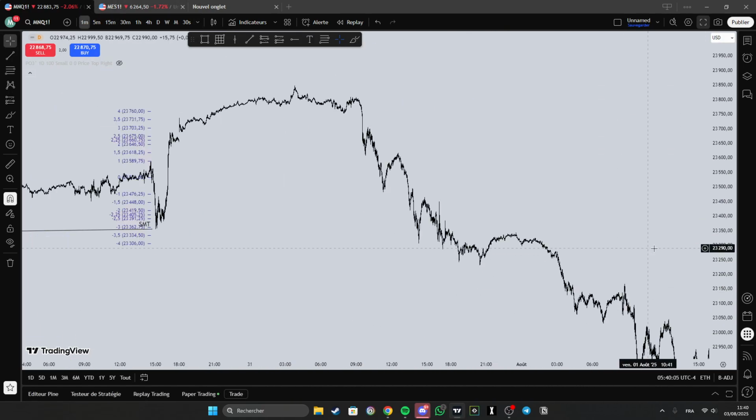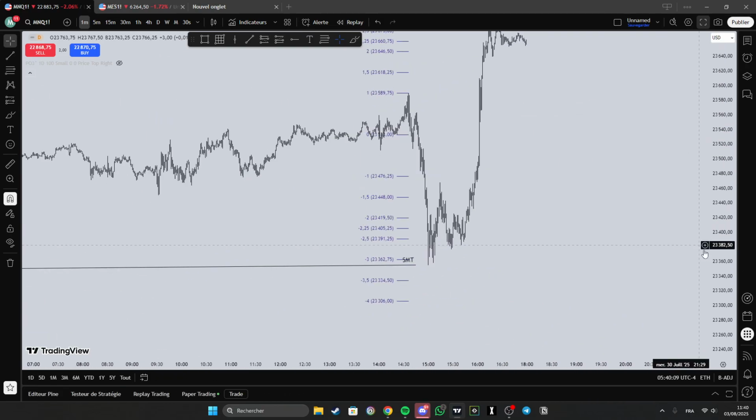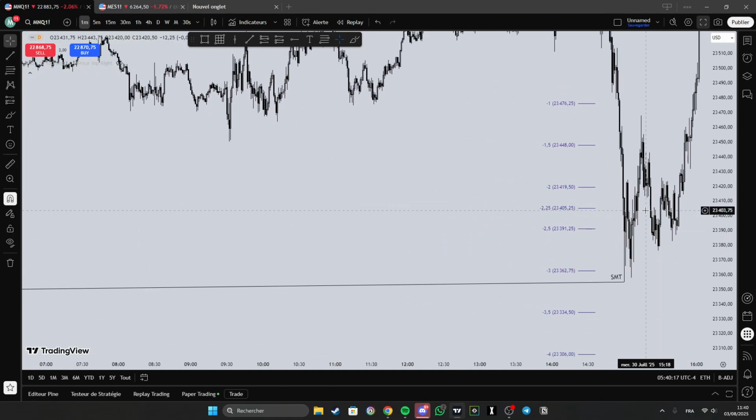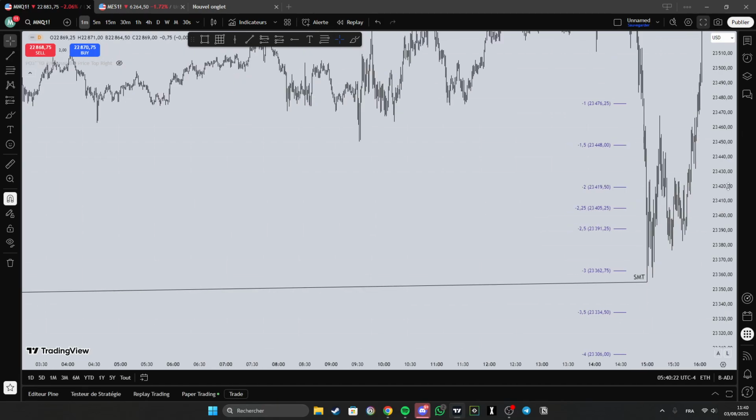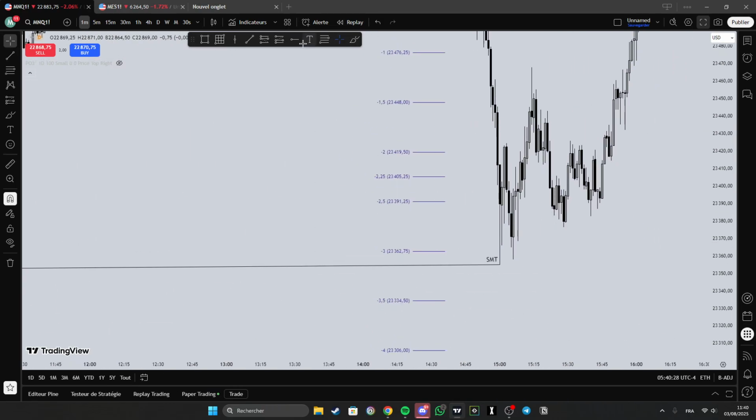Because in my point of view, you cannot use STDV alone. You have to use it with something like SMT, the fair value gaps, inverse fair value gaps. You have to use it in a systematic way. You have to build a system around the STDV. Okay. So again, as you can see, price goes straight into the three levels.